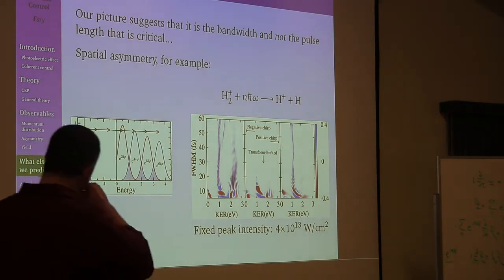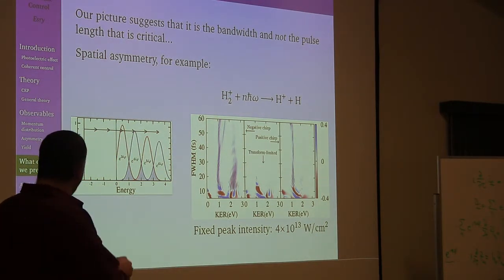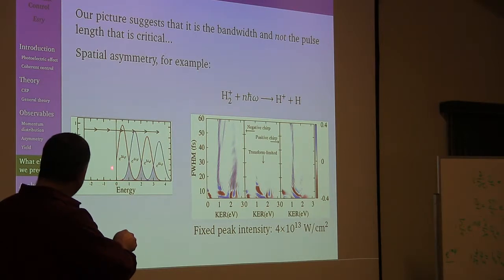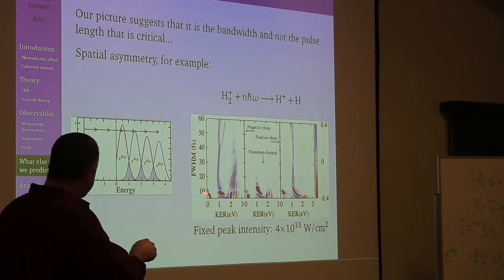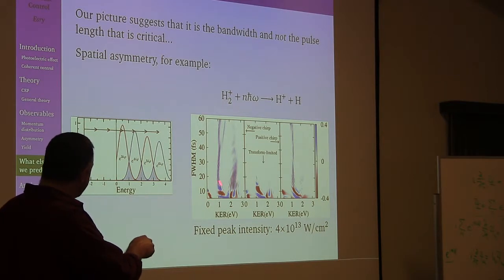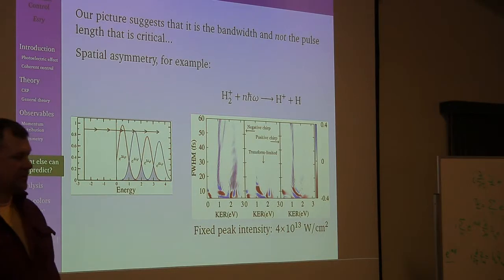Sure, this one could have a tail that extends over there, and that's this guy. Except in this case, that's actually 0 photon and 1 photon. Right, zero-photon could be absorption and emission.